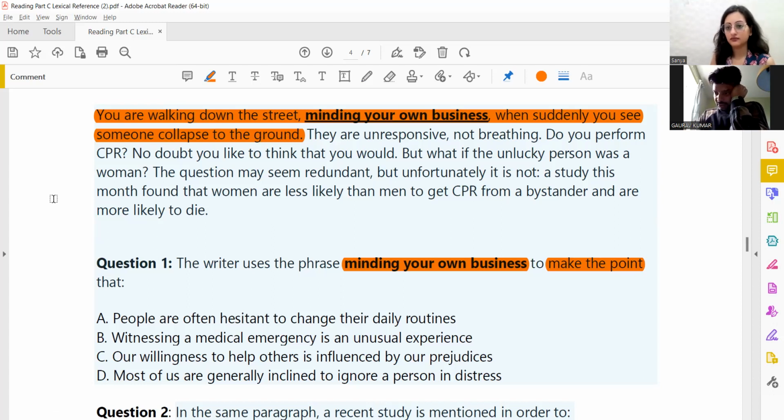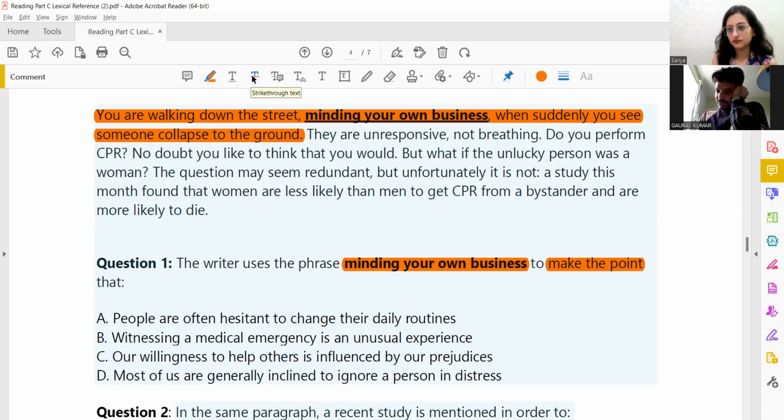People are often hesitant to change their daily routines. Daily routine, there's nothing talking about daily routine. Witnessing a medical emergency is an unusual experience.